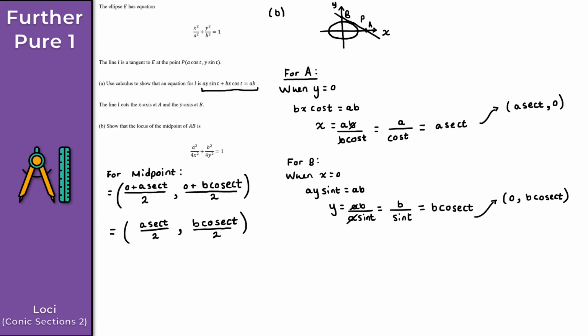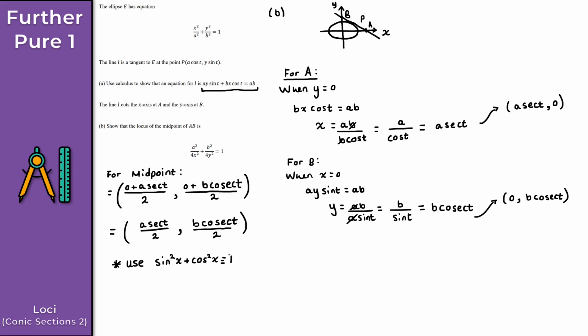For the next step, this is probably the trickiest thing to spot, but what I need to do now is use a trig identity. So I'm going to make a note: we're going to use sine squared x plus cos squared x is identical to 1.